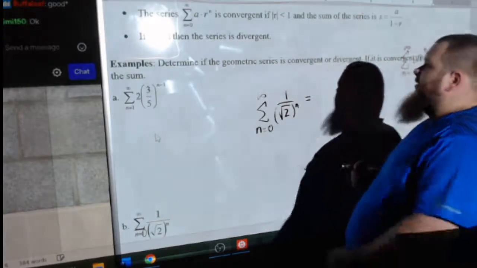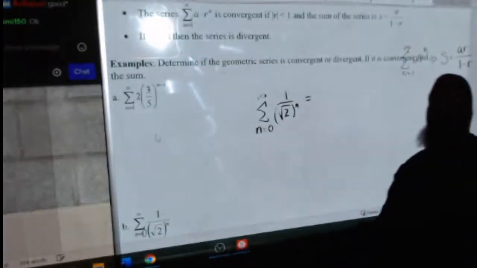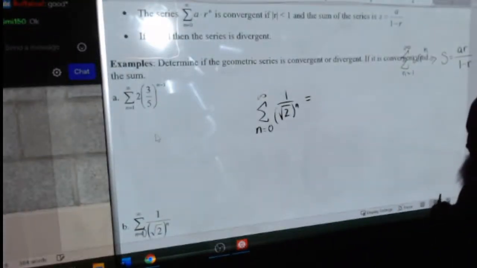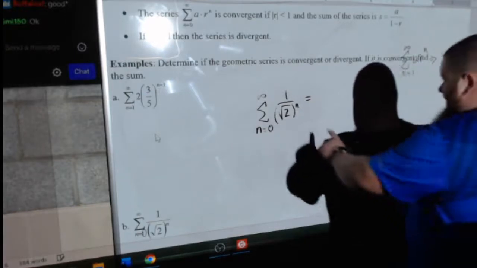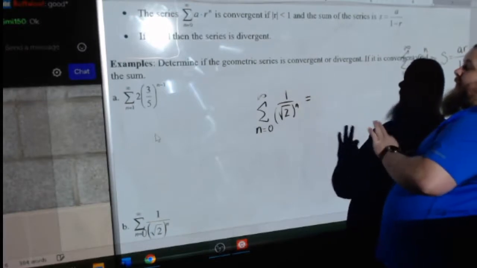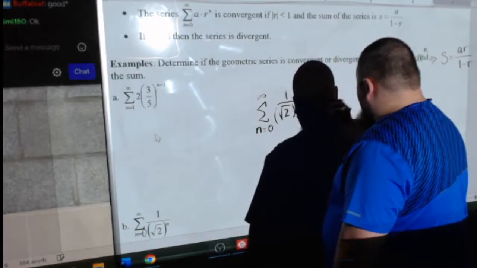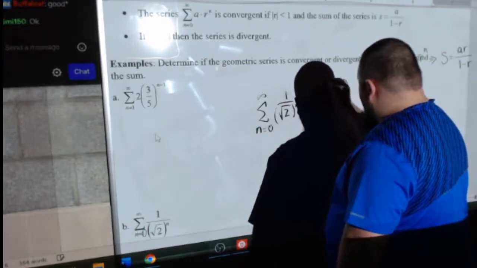So again, I'm trying to get it into this form. This one's a little interesting because I can take the fact that 1 to any power gives back 1, which means I can just do this.